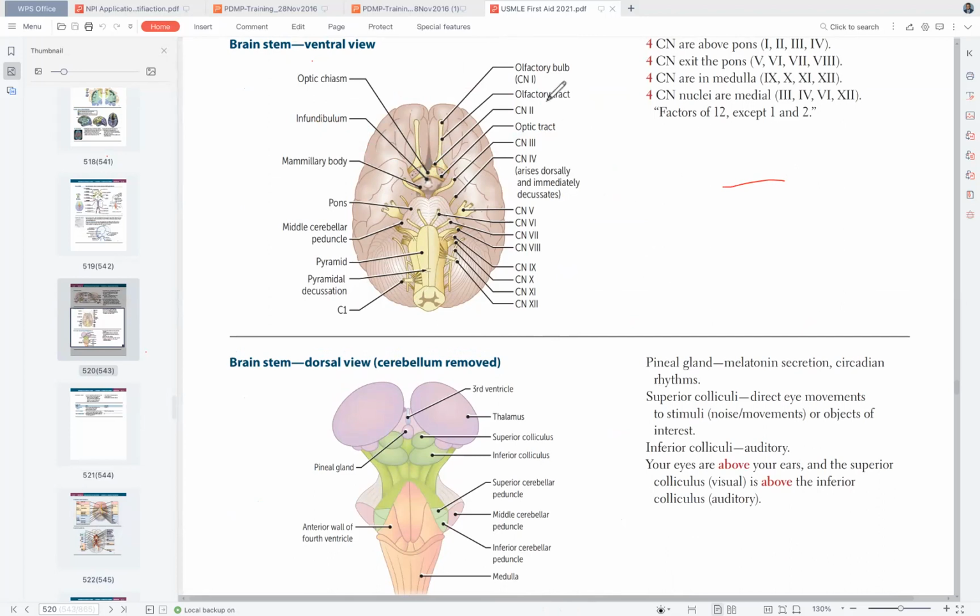In the question, you will be able to tell that this is a cranial nerve 5 problem, but how do you point out cranial nerve 5 in this image?